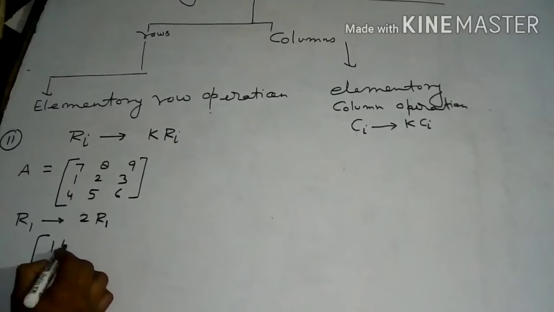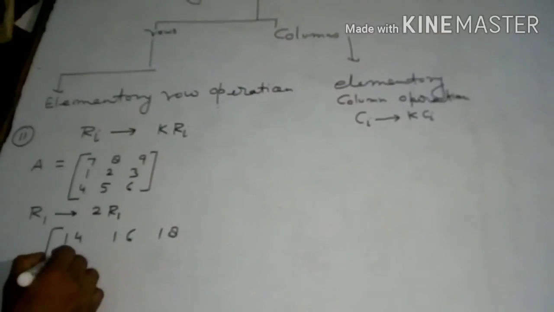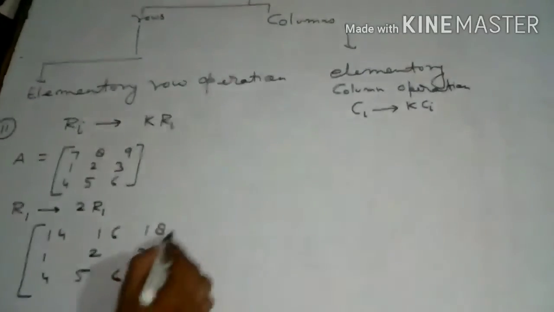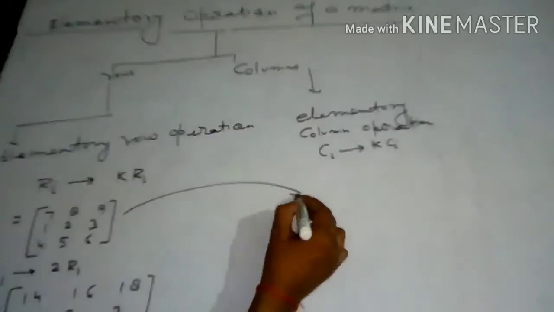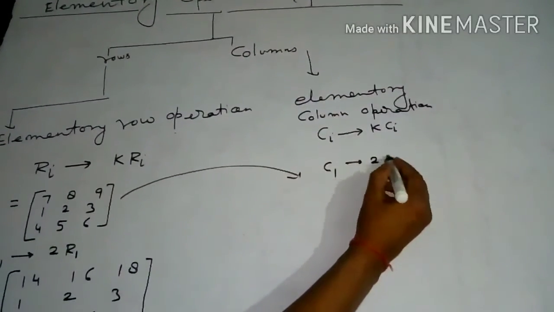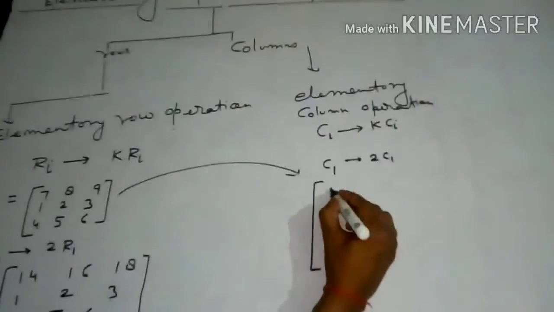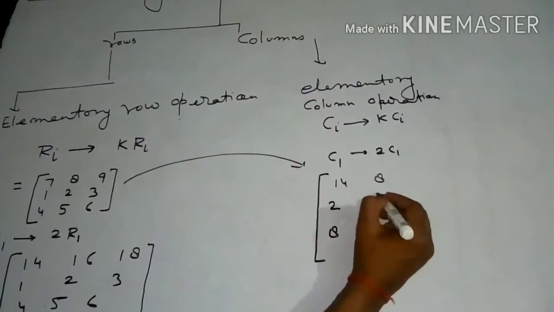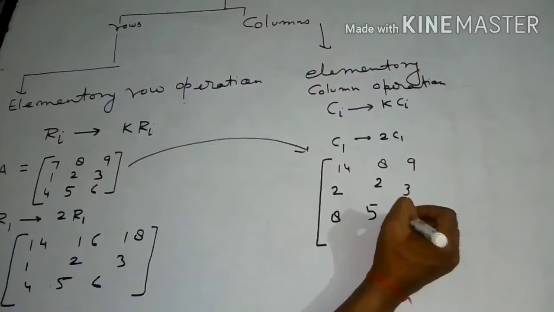This becomes 14, 16, 18, then 1, 2, 3, and 4, 5, 6. In a similar way, for the same matrix, if you want 2 times C1, then this becomes 14, 2, 8, here 8, 2, 5, and 9, 3, 6.